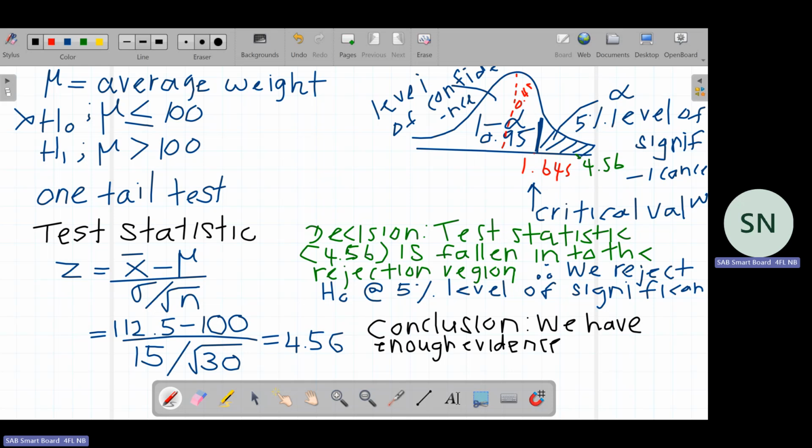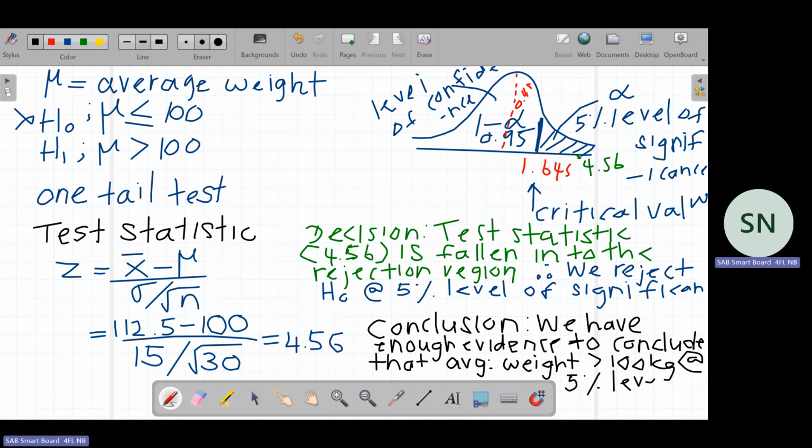Here we say we have enough evidence to conclude that average weight is greater than 100 at 5% level of significance.